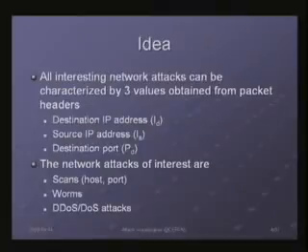If you look at DDoSes or DoSes, you will see that the source IP addresses are usually spoofed, meaning forged, in order to evade traceback. If you look at scans or worms, you will mostly see that the destination port is fixed.